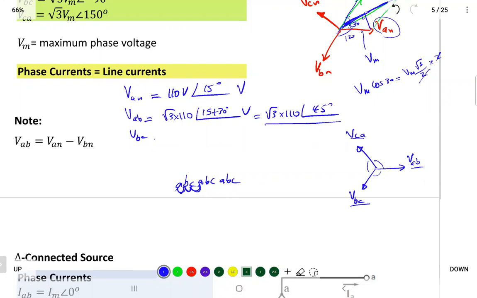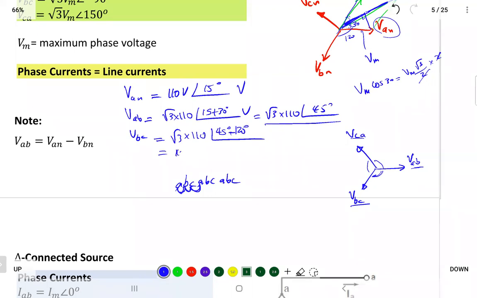So to find VBC, I say the same magnitude, but the angle of VBC is behind VAB by 120 degrees. So okay, this one is 45 degrees, and this one is behind by 120 degrees. I say minus 120, and then I just find it.